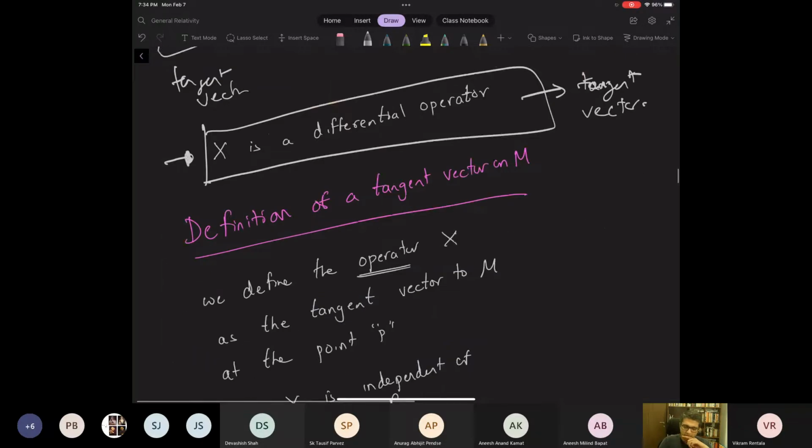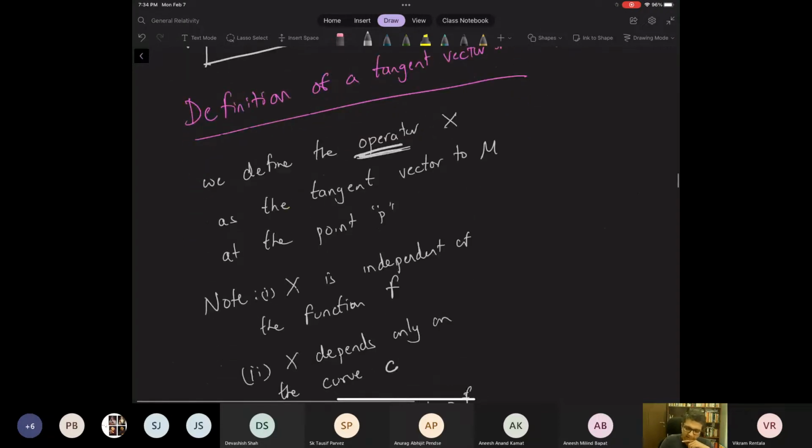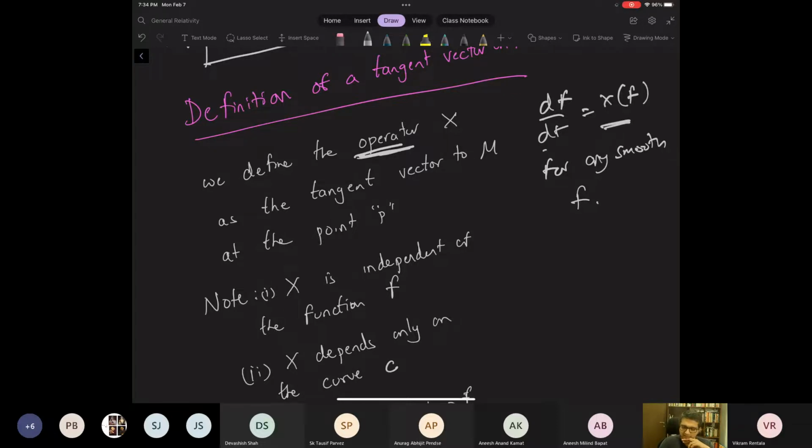So let me now formally define what we mean by a tangent vector on M. We define this operator X such that df/dt is equal to X of f for any smooth f. This operation X is like computing the tangent, but it's computing the tangent along a particular curve.